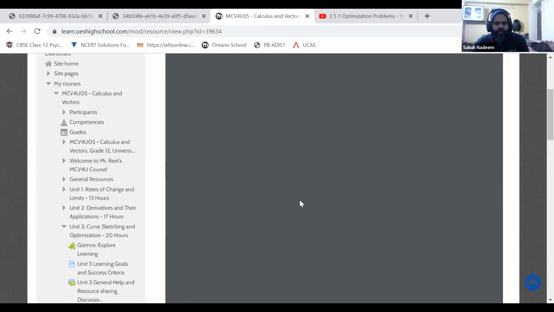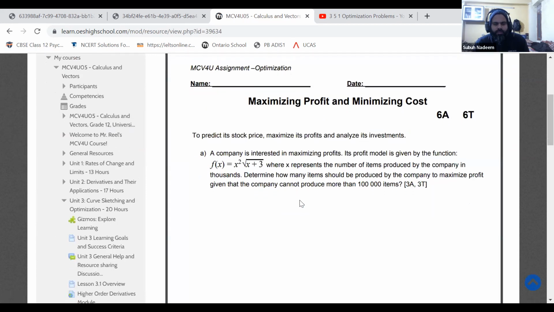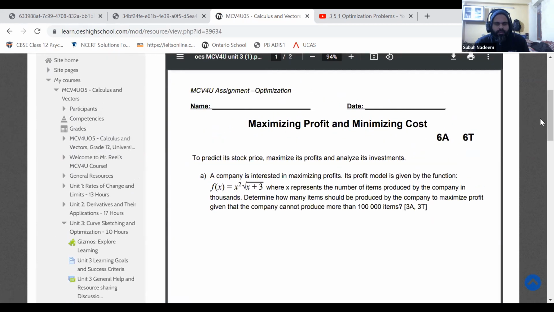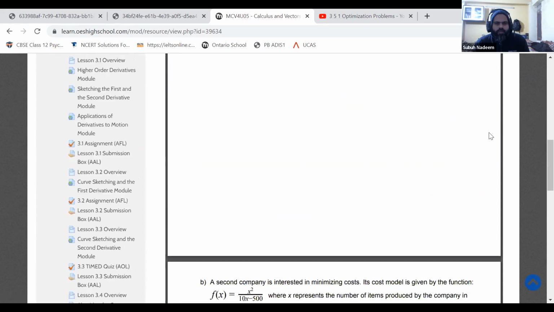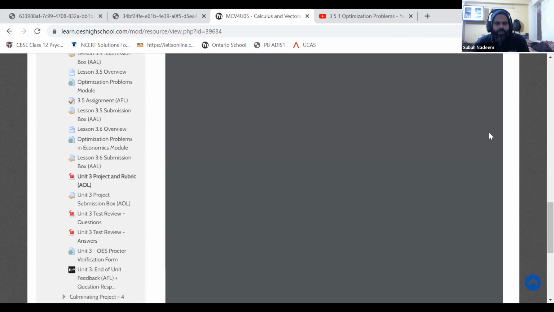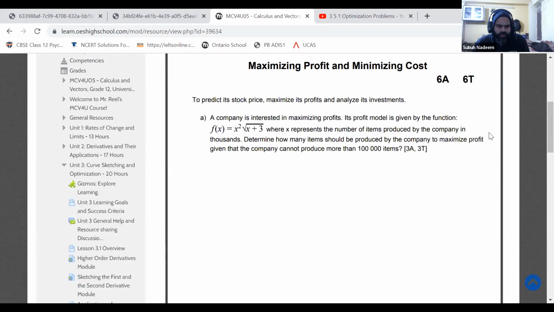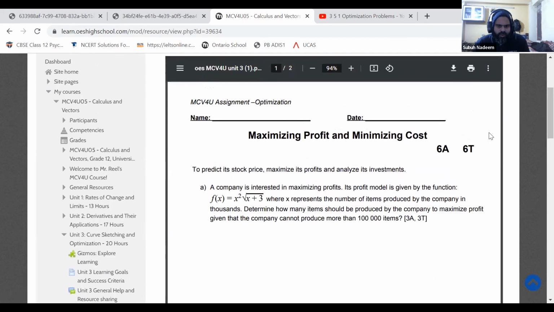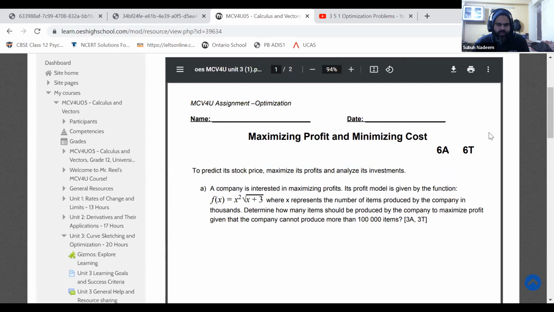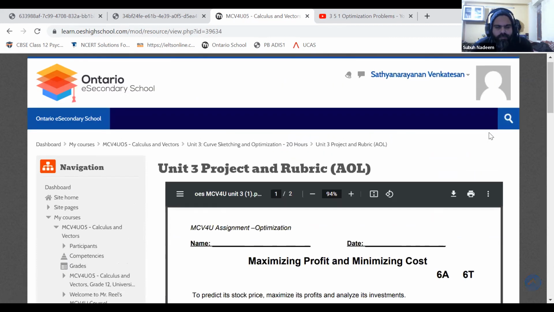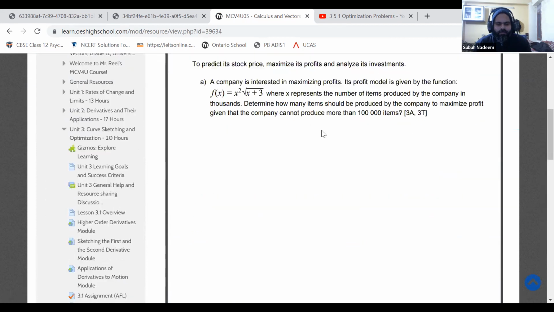Project and Rubik. This is again based on the same thing that we'll do, that is the cost and profit, which is in the next slide. Okay, then that's it, sir. This is the only thing left.